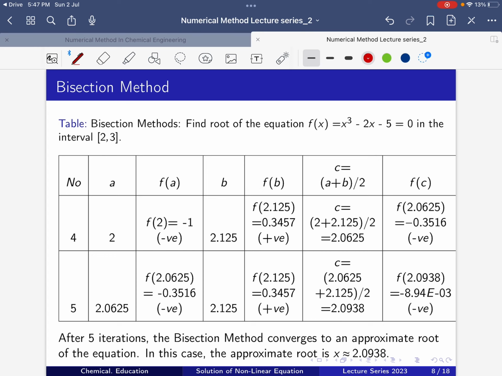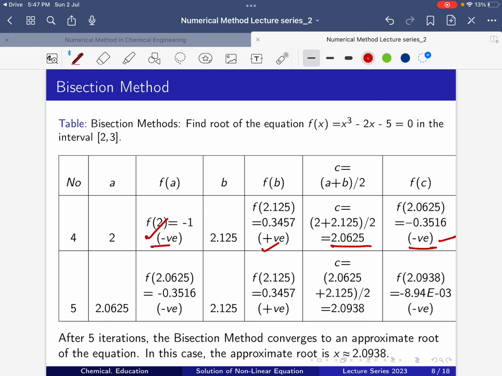So now this gives negative, that means at a the function value is negative, at b the function value is positive, so the midpoint will be (2 plus 2.125) by 2, so that is 2.0625, and at 2.0625 the function value will be negative.